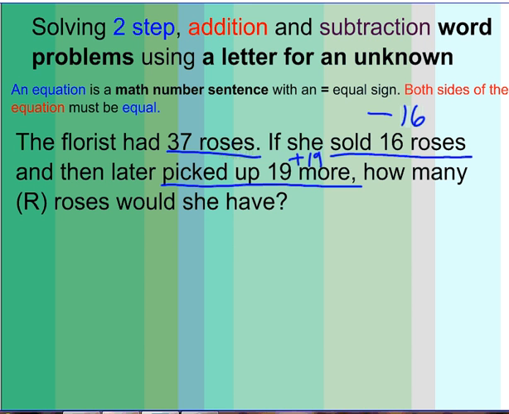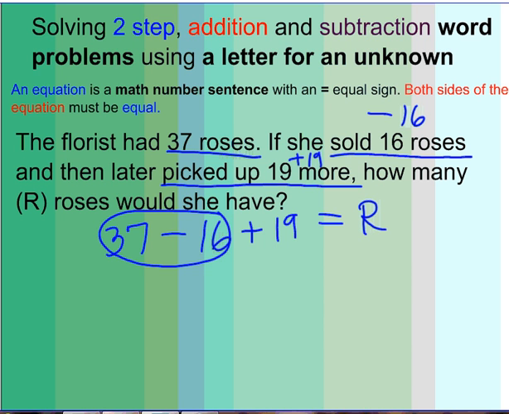So the first thing they're going to do is write an equation. So she has 37 roses, and take away the 16 that she sold. And then we're going to add the 19, which equals R. So that's writing an equation with a letter for an unknown. Then solve the first part, 37 roses take away 16.